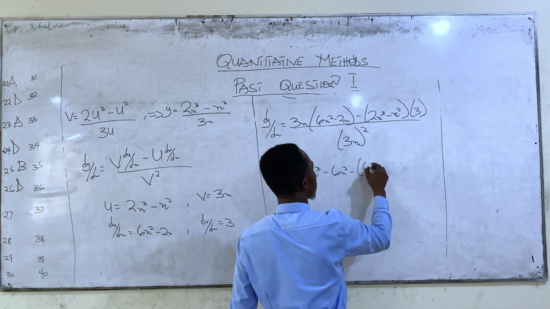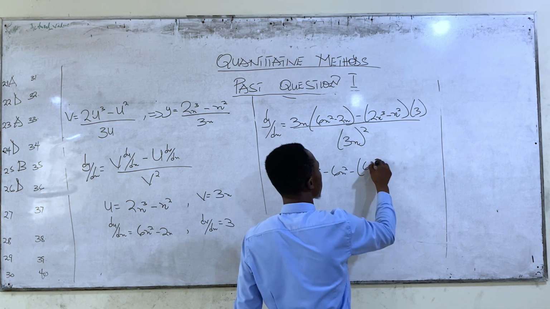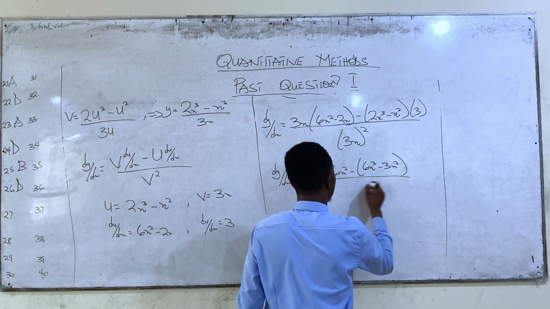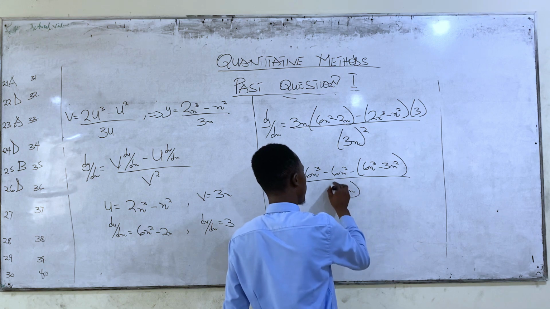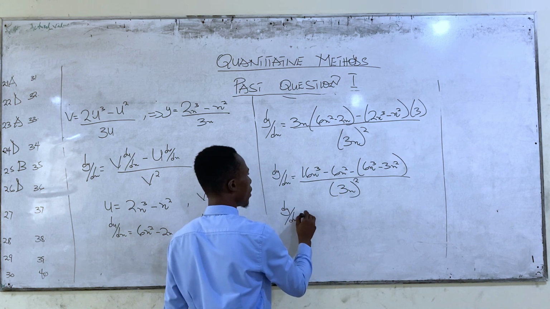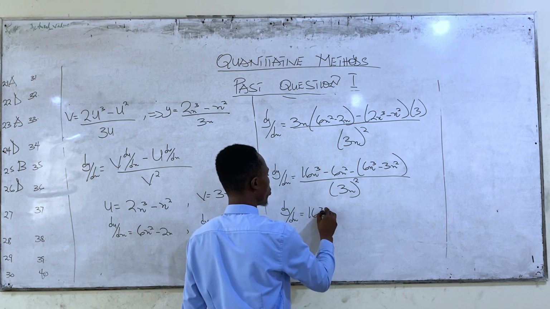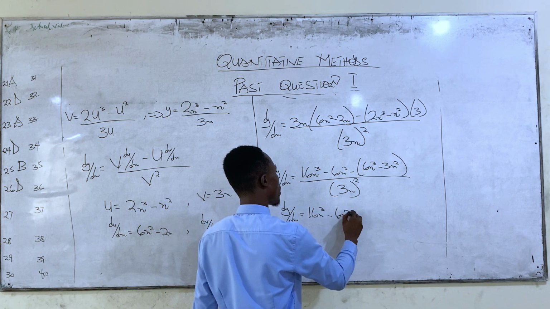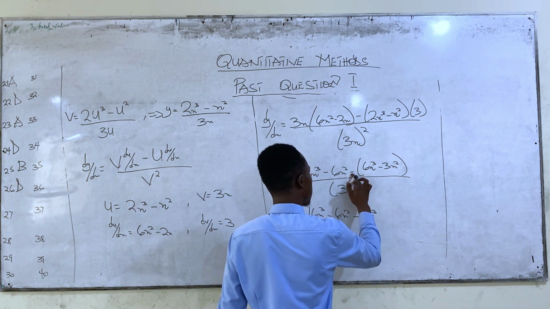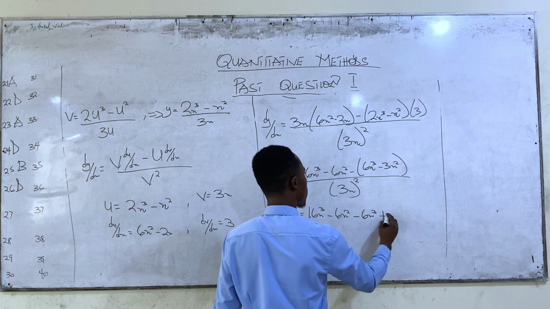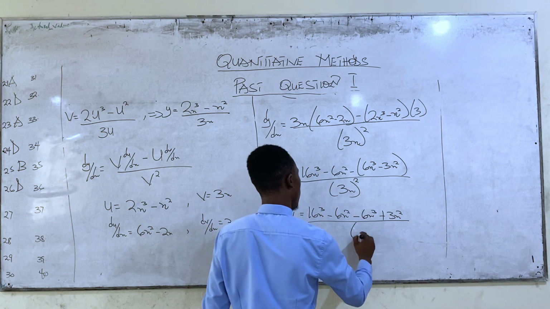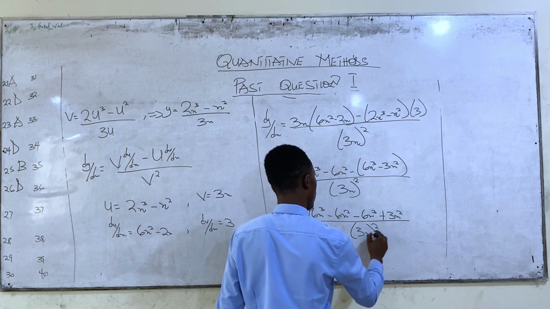So you have 6x cubed minus 3x squared, all over 3x all squared. So let's do it again. dy dx is equal to 16x cubed minus 6x squared, minus 6x cubed, and this minus will affect this to give you positive 3x squared, all over 3x squared.